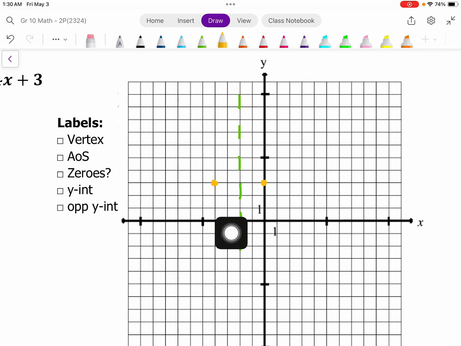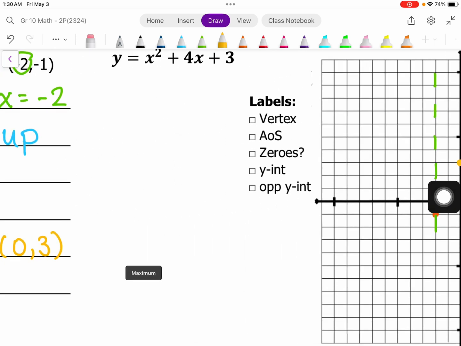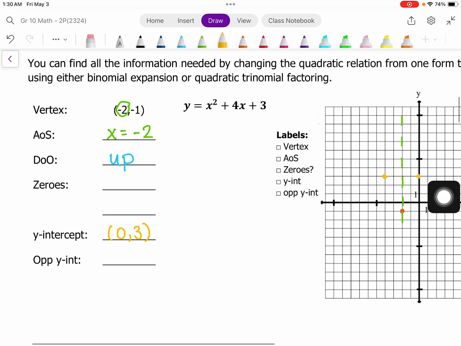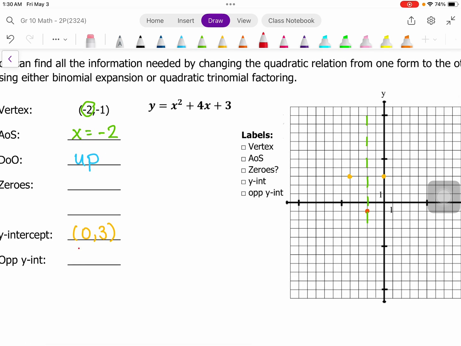So this is -4, 3. This is the point that is symmetrical to the y-intercept. So that is at -4, 3. So that's this point over here.